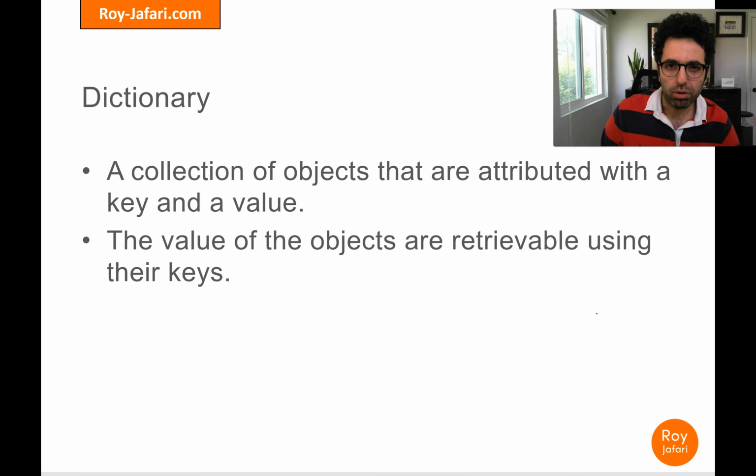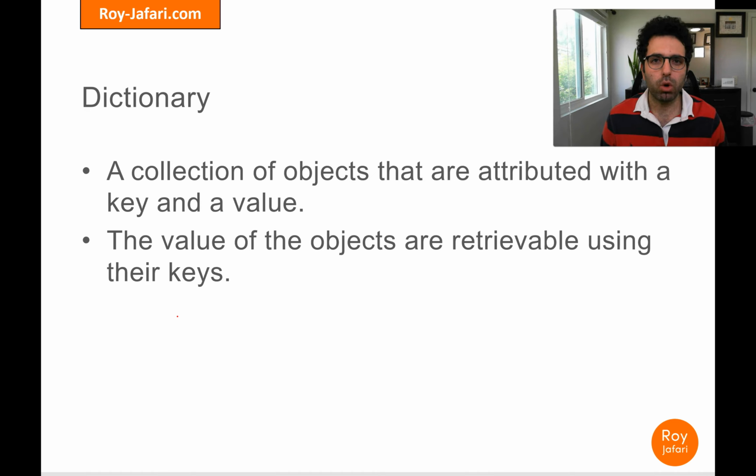So now we want to switch gears. The list, set, and tuple are all one-dimensional, linear data structures. But with a dictionary, you have a slightly more complex data structure. With a dictionary, you have a collection of items, but each item has a key and a value.